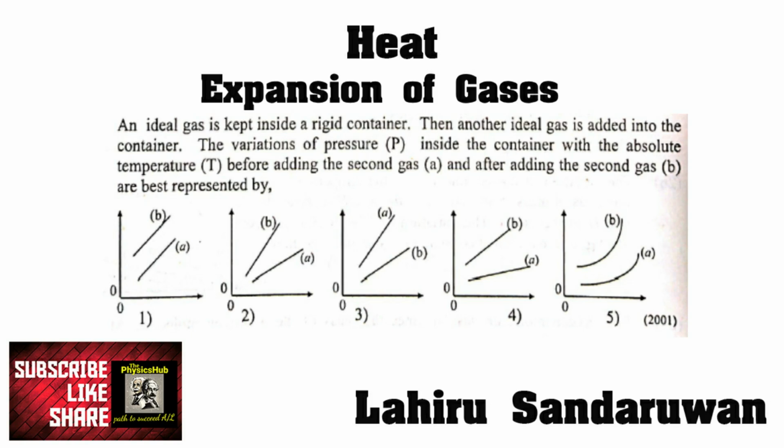An ideal gas is kept inside a rigid container. Another ideal gas is added to the container. The variation of pressure P inside the container with absolute temperature T, before adding the second gas A and after adding the second gas B, is best represented by which graph?